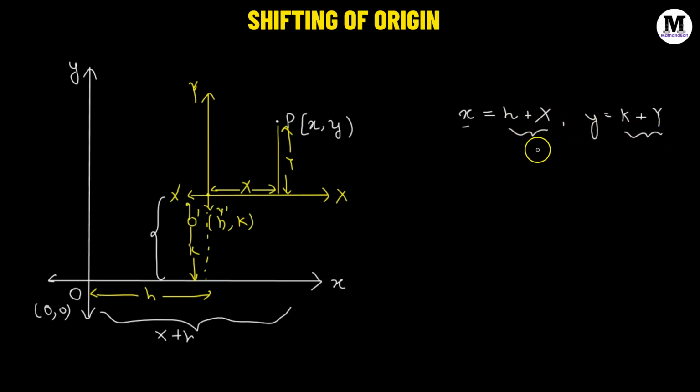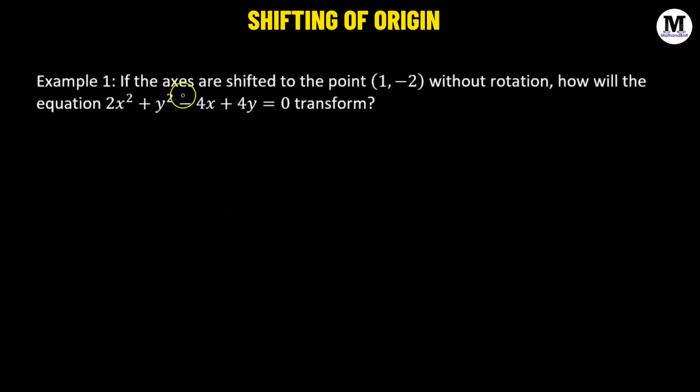This is going to be better understood with the help of an example. Problem number 1. If the axis is shifted to the point (1, -2) without rotation, then how will this equation 2x squared plus y squared minus 4x plus 4y equals 0 transform? Let's note down the given equation: 2x squared plus y squared minus 4x plus 4y equals 0.